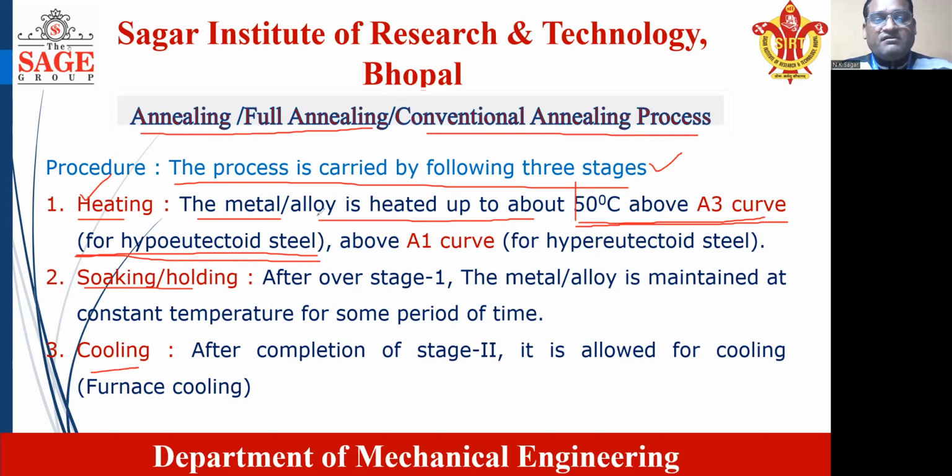And if the metal or alloy is hypereutectoid steel, what will be the definite temperature? It will be 15 degrees Celsius above the A1 curve.